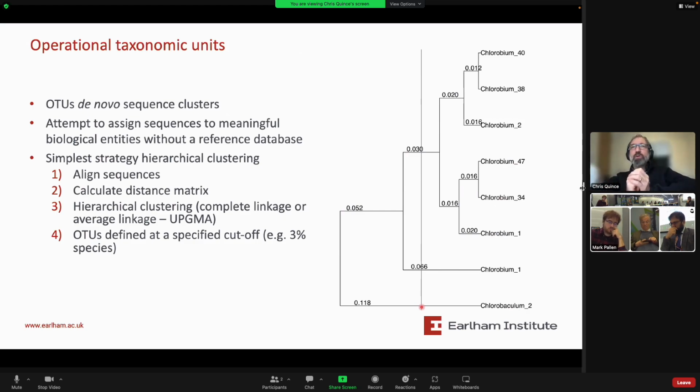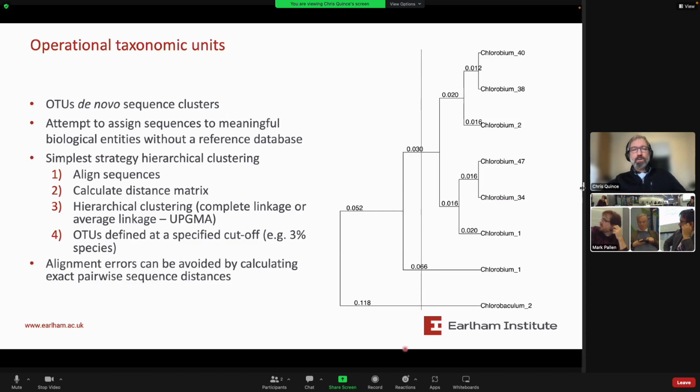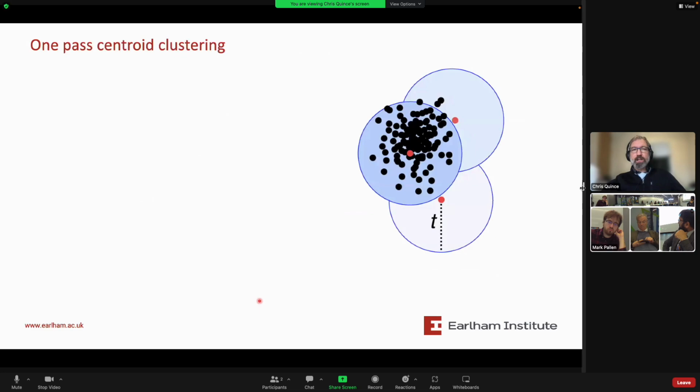You want your OTUs to be biologically relevant units, not necessarily species. It could be finer resolution, or lower resolution. It doesn't really matter. As I said, pairwise alignments reduce a lot of the errors brought in by these large-scale multiple sequence alignments.